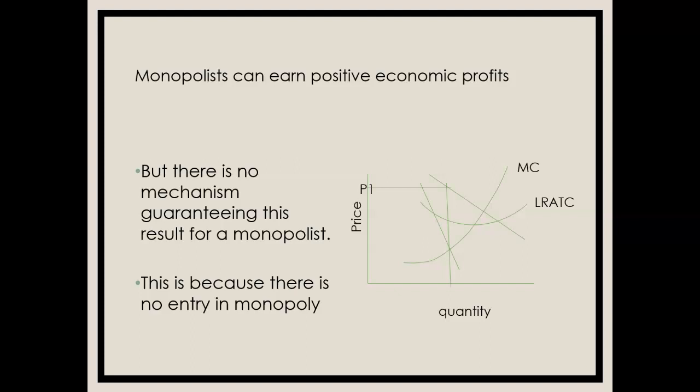Therefore, this monopolist is earning positive economic profits. Now, in a competitive market, firms would enter and bid down the price so that this wouldn't exist in the long run. But that doesn't happen in monopoly because entry is impossible. That's part of our definition of a monopoly.